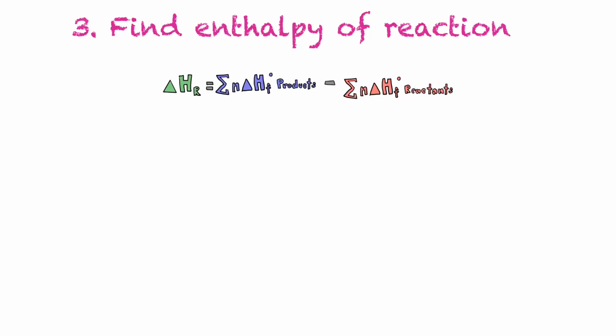Now we're going to calculate the enthalpy of reaction. Remember, that's equal to the sum of the number of moles times the heat of formation of each of the products, minus the sum of the moles times the heat of formation of each of the reactants. So we'll put those values in.